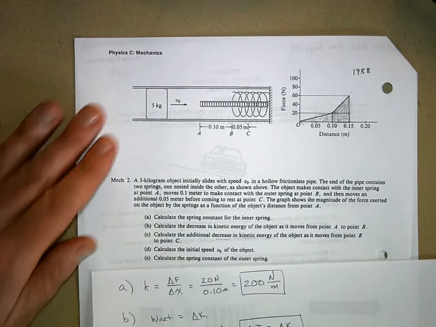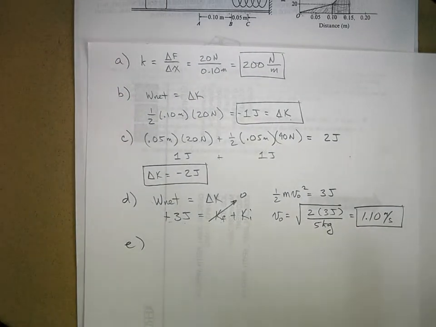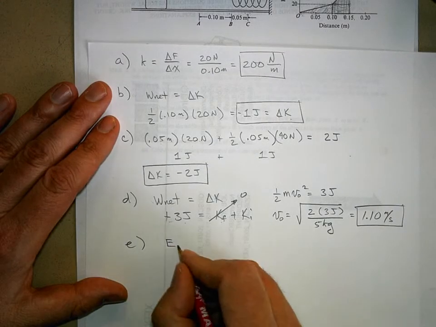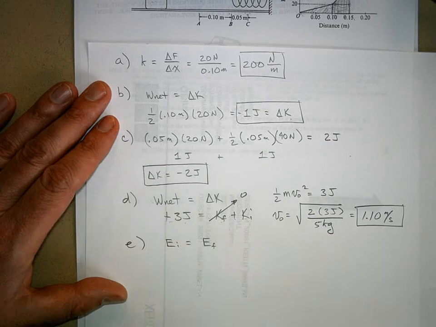Well, let's think of this in terms of energy. There's no friction in this problem. We're not creating any internal energy or heating the environment or anything. All that energy had to go somewhere, and it's really conservation of mechanical energy. The initial mechanical energy is going to be equal to the final mechanical energy.